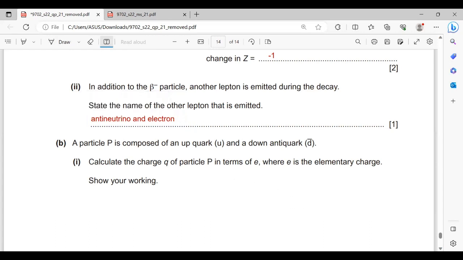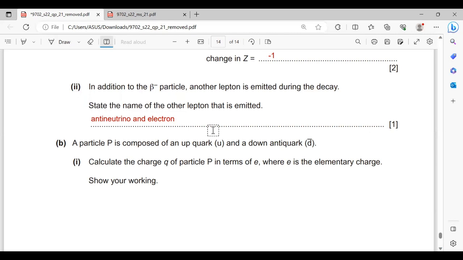Why? Because in beta plus decay, a proton is converted to a neutron, and a positron and a neutrino. Yeah, those are the conditions when beta plus decays.